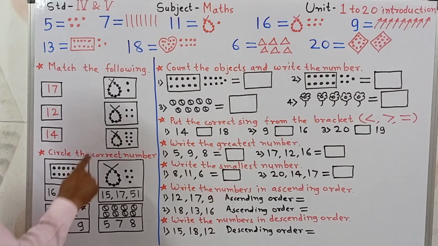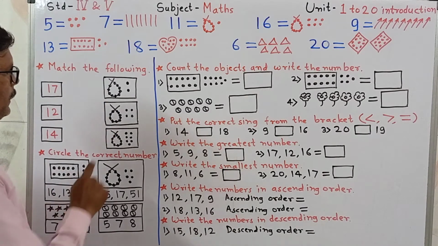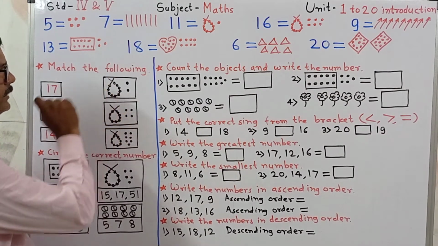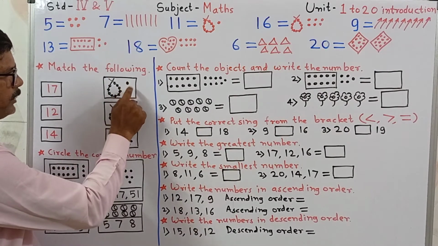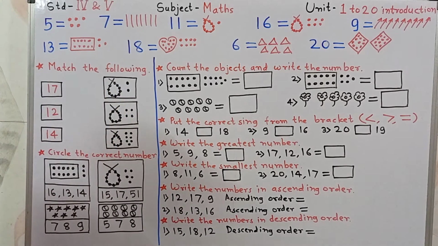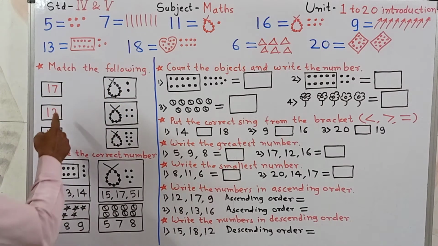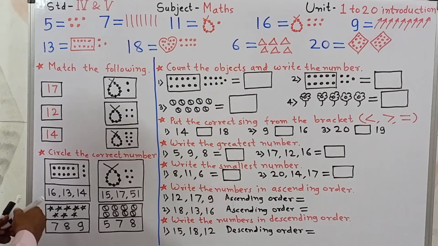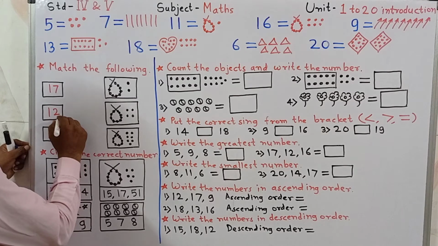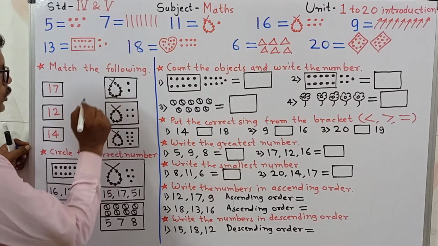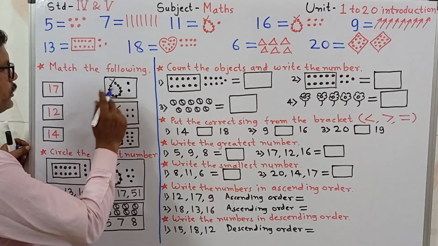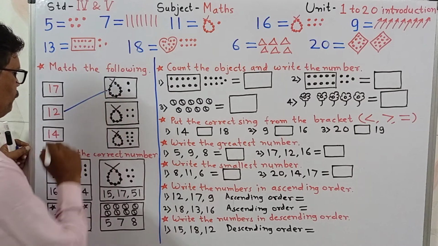So, in this bracket, this is 1 ten and 2 units means 1 ten, 2 units, 12. Where is 12? Here is 12. So join this. Okay.